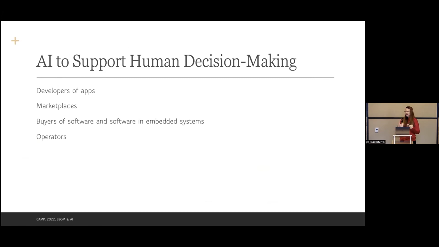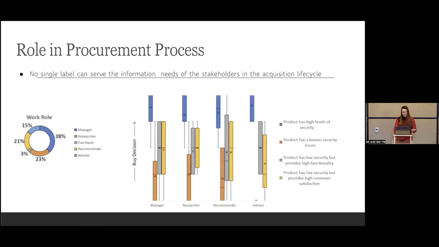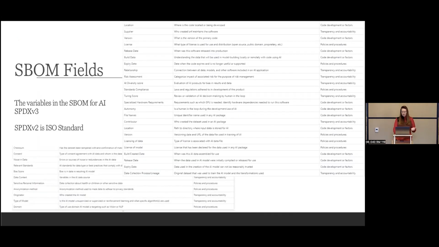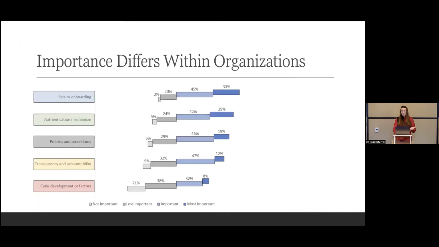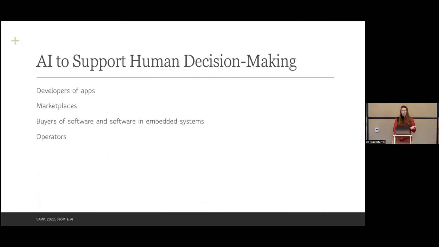We need to use machine learning and testing to do that. We need it for marketplaces so that people can make informed decisions according to their own roles and priorities. We need to translate all of these into a meaningful visualization according to the role and the individual. And we need completely different visualizations for operators once the software is purchased and installed.